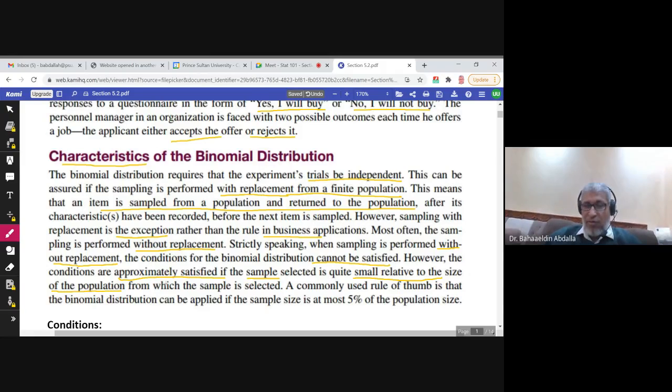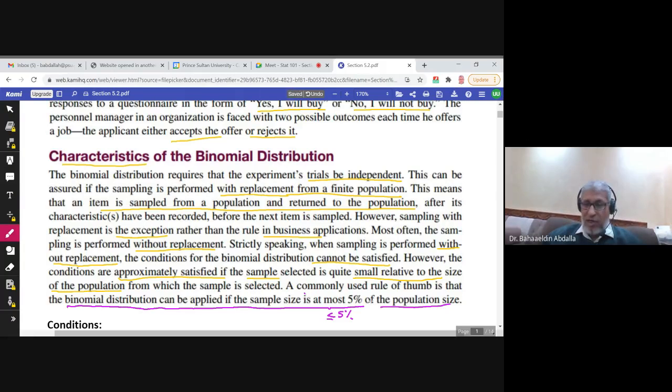But what do you mean by small? Well, a commonly used rule of thumb, and this is the important sentence, is that the binomial distribution can be applied if the sample size is at most, meaning less than or equal to, 5% of the population size.